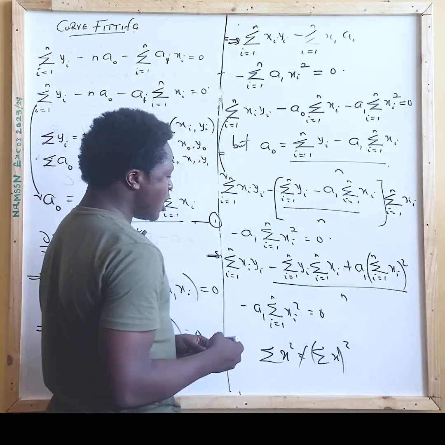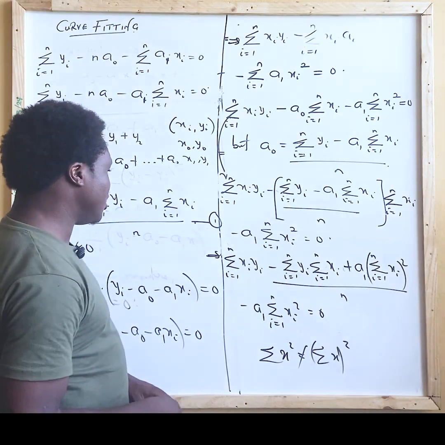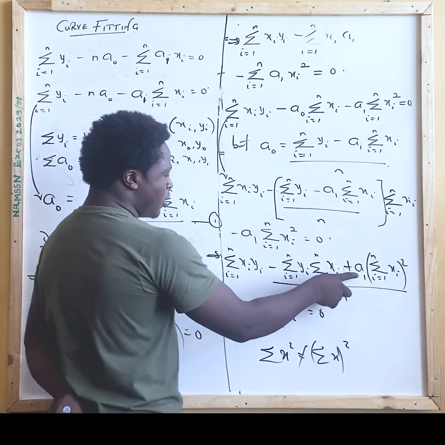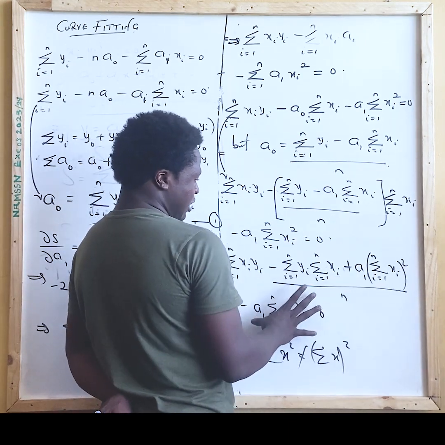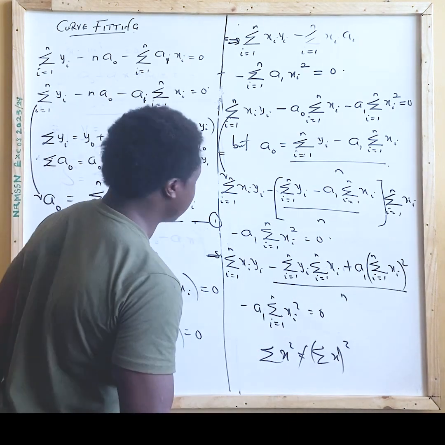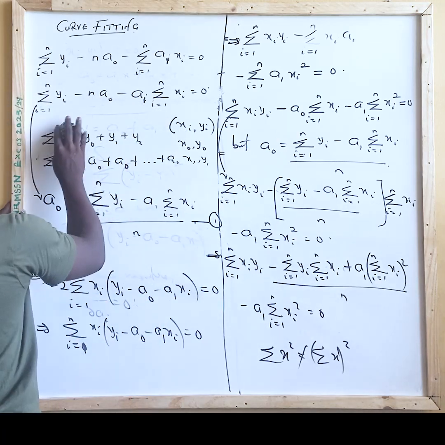All right. So remember, our goal here was to get the value of a1. So I can see a1 here, and I can see a1 here. So I should factorize these two, and then take everything to the other side. So let's see what that becomes.